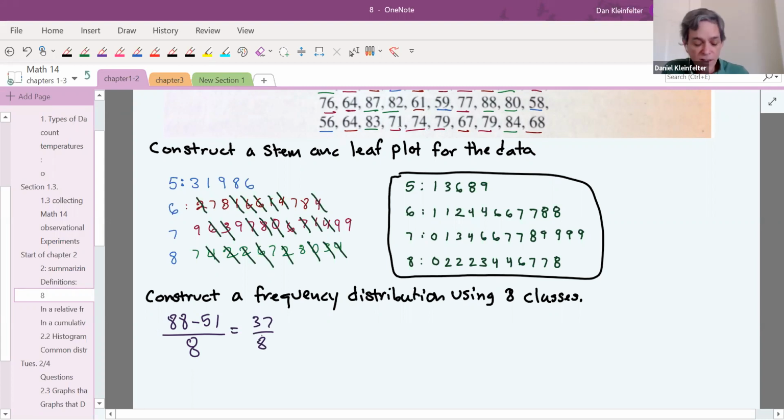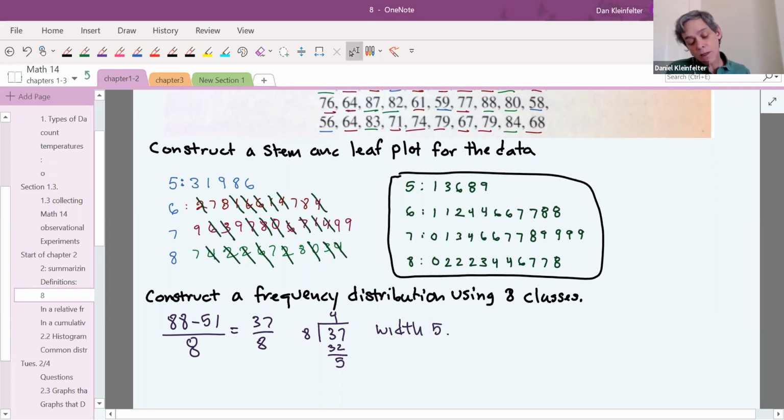So 37 divided by 8 is going to be 7, right? No, 5. What was I thinking? All right, so it's 4 5/8. And so we're going to round it up and say the class width is 5.